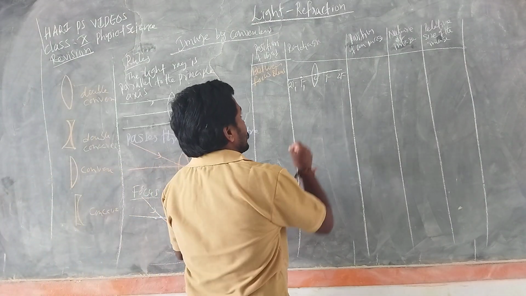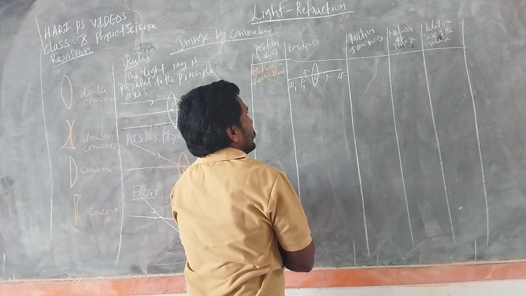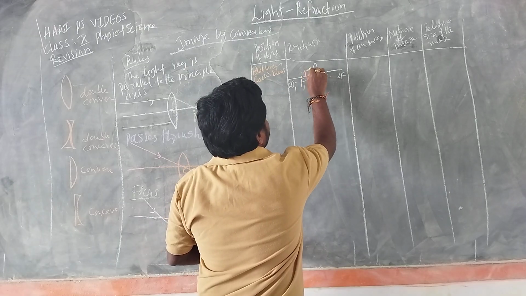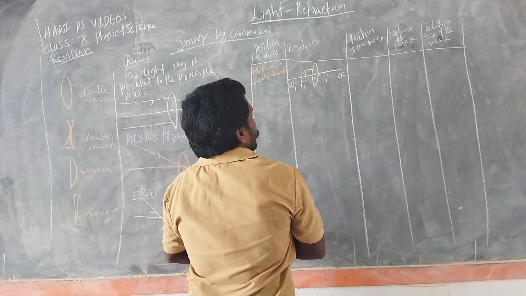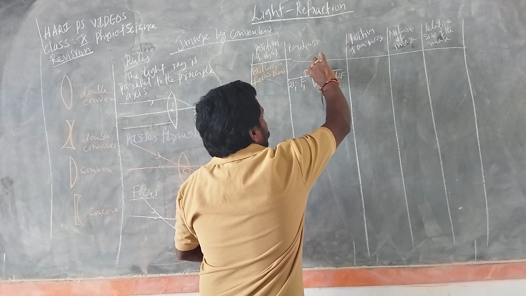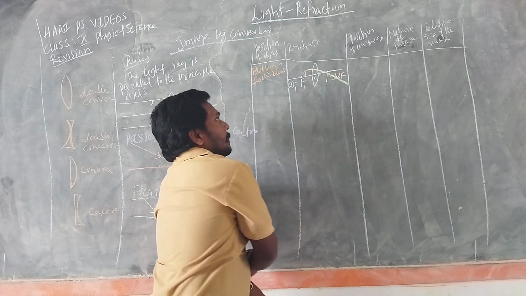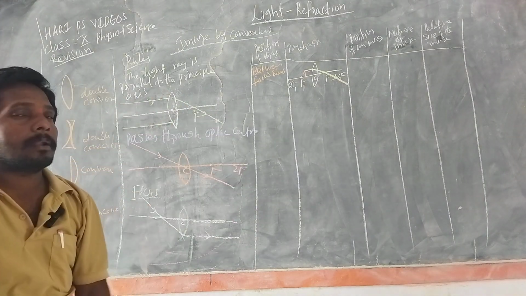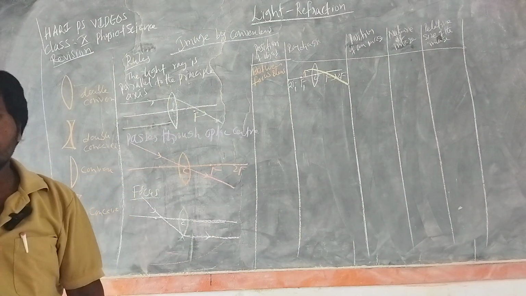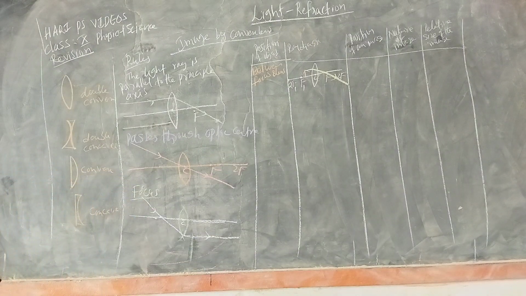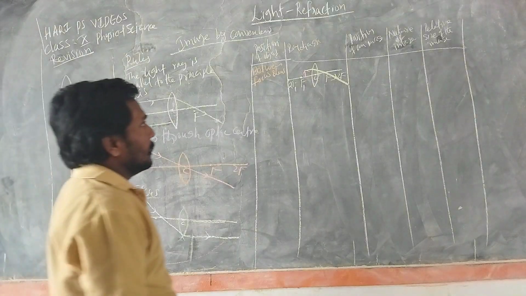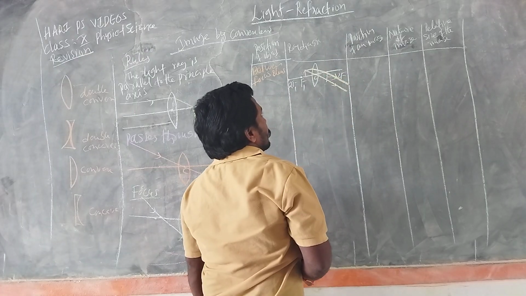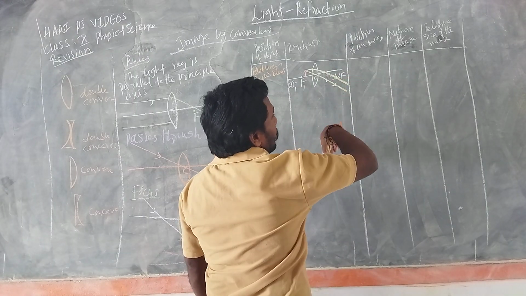So if the object is placed here, the light ray which is parallel to the principal axis passes through the focus after refraction. Then the light ray passing through the optic center: these two are parallel, so they never meet.